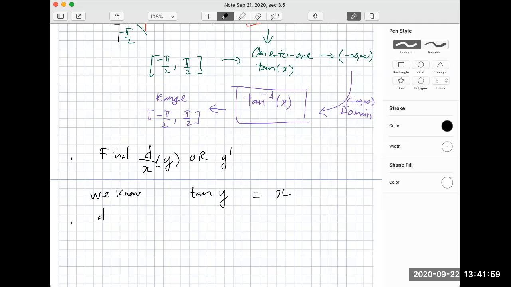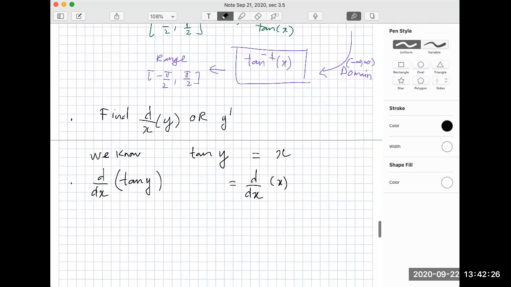So we take the derivative with respect to x of the left-hand side, and it should be the same as the derivative of the right-hand side. Thank you, Daniel. Now in the left-hand side, remember y is a function of x. It means we need to use the chain rule. And the chain rule of the left-hand side, what does it mean?